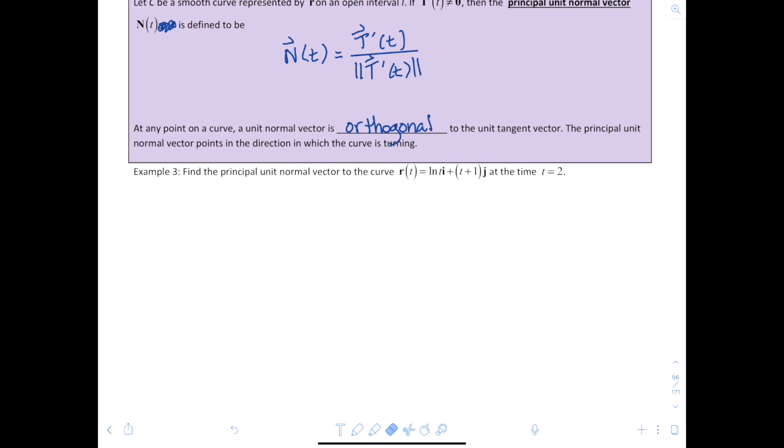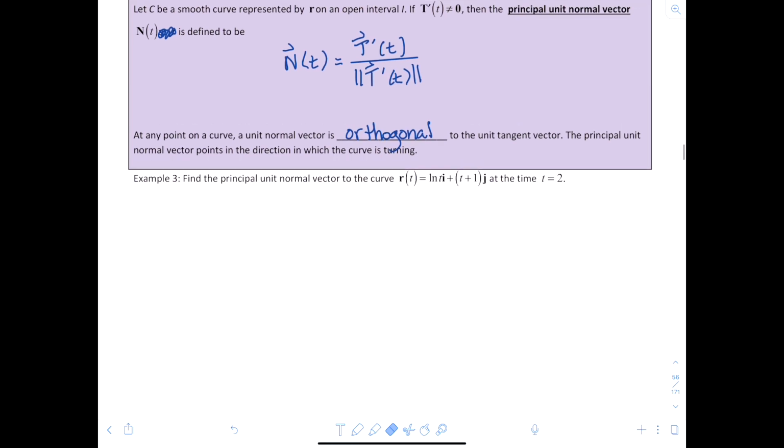So let's take a look at example 3. Find the principal unit normal vector to the curve r(t) = ln(t) i + (t + 1) j at the time t equal to 2. Okay, so what do we need to do?